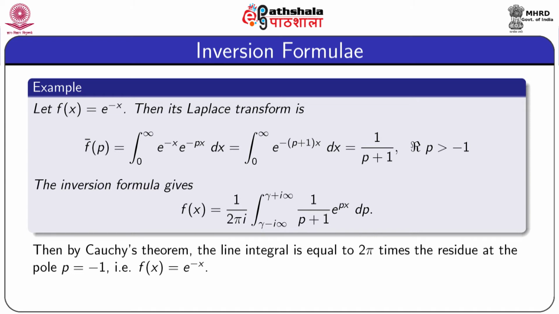Then if we see the integrand in this integral, there is a pole of the function at the point p equal to minus 1. So, the value of the integral is equal to the residue at the pole p equal to minus 1, and we can calculate the residue. Its value becomes e to the power minus x. So, applying inverse Laplace transform, we are getting back our original function e to the power minus x.